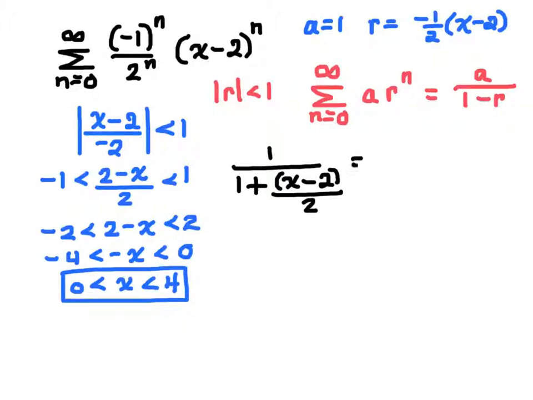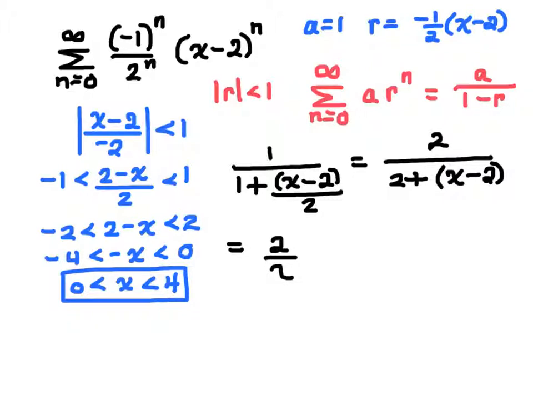So let's simplify this by multiplying the numerator and denominator by 2, so I end up with 2 over 2 plus (x - 2), and of course the 2's in the denominator cancel out, and this becomes 2 over x. So our series will converge to the function y equals 2 over x for the interval of convergence 0 to 4.